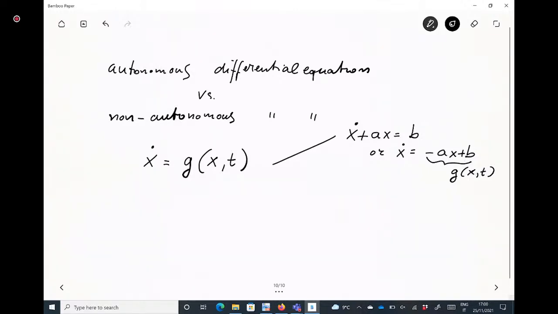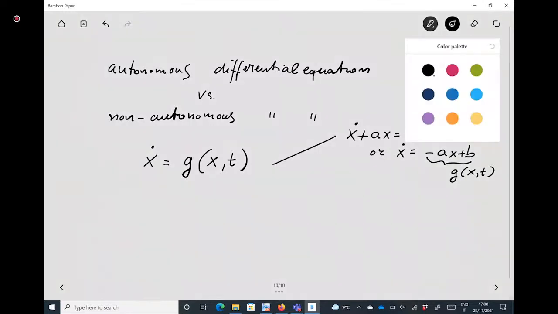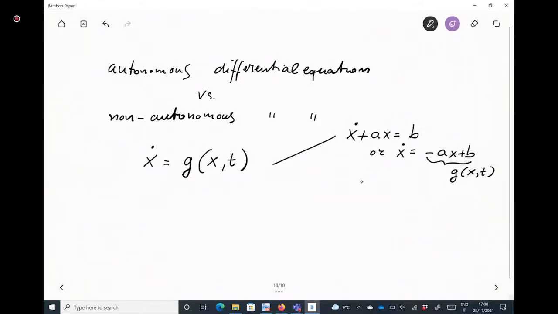This is an example of an autonomous equation, because although the right-hand side in general is a g of x, t, here there is no explicit dependence on t. This is autonomous. It means no explicit dependence.